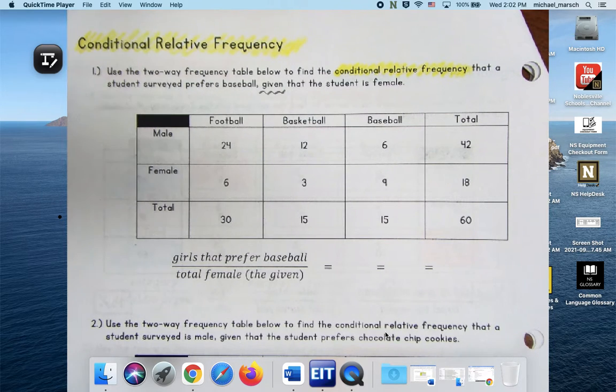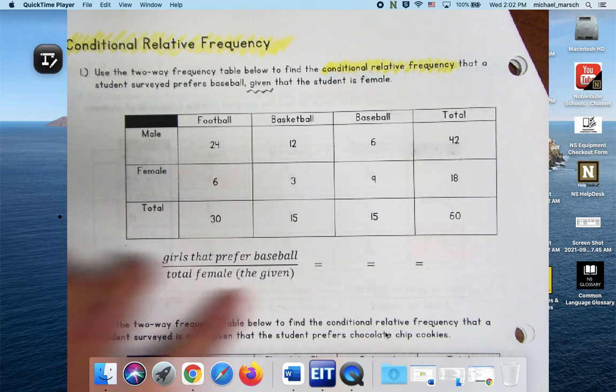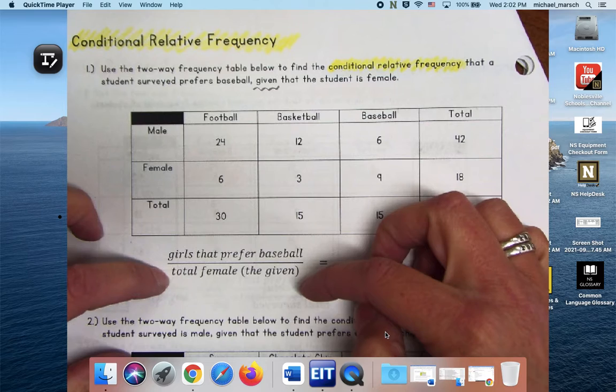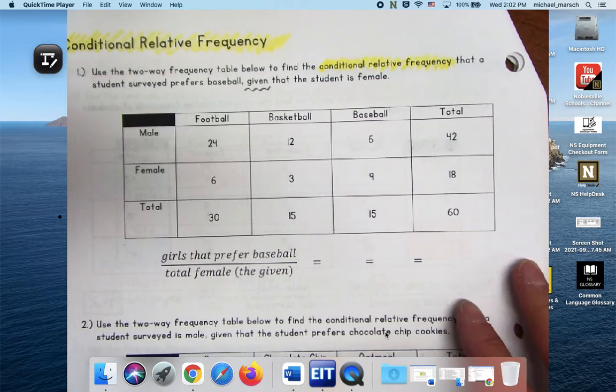Okay, so this is where it's not just part of a row or a column, and you have to really think about what's being asked. If you look down here, I gave you the fraction we'll use, the ratio.